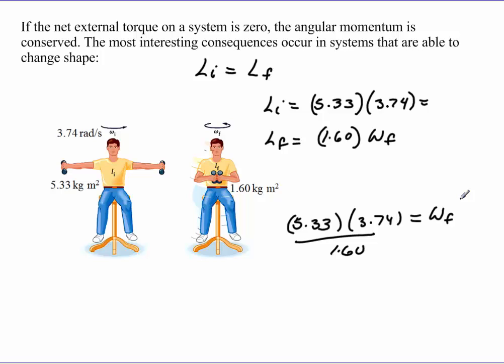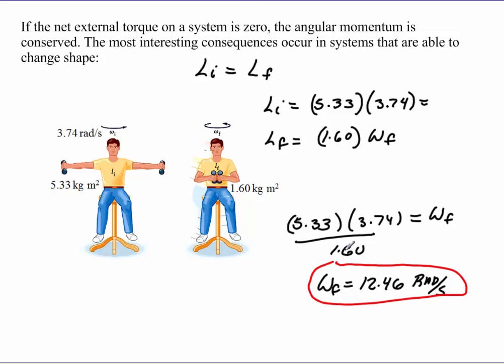And I got 12.46. Make sense? So by changing the moment of inertia, you can spin faster.